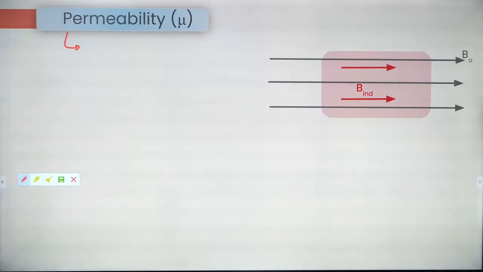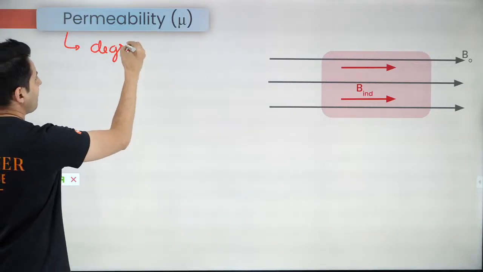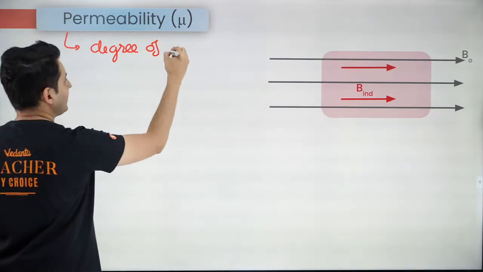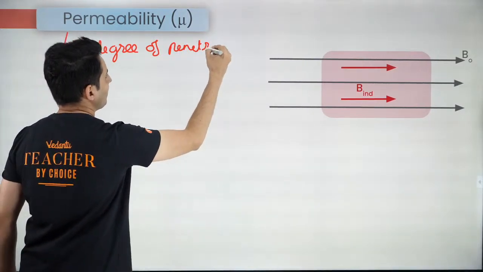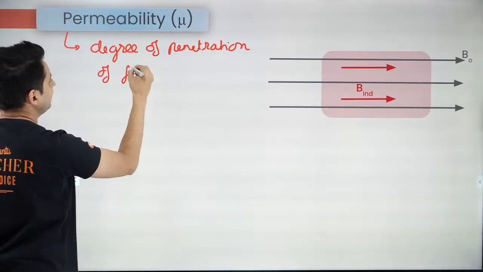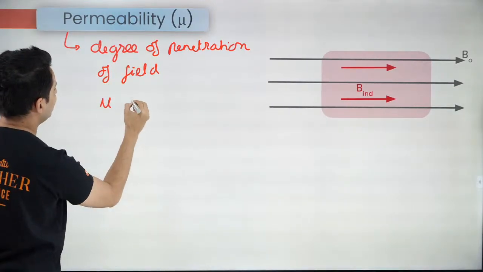Very, very important. So basically it's nothing but the degree of penetration of the field, and that is mu, permeability.